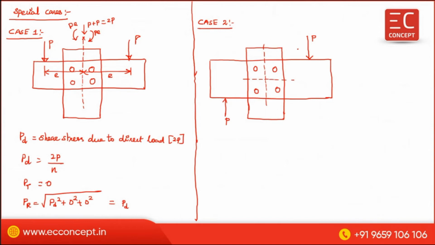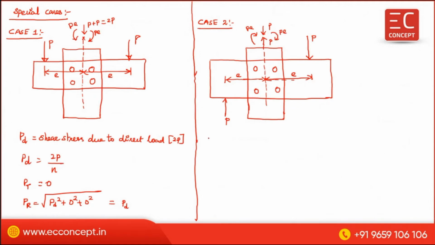If you resolve these two forces about the centroid, one force is downward P, another force is upward P. Therefore, here the direct force becomes 0. But this force creates an eccentricity of E about the centroid. This force also creates an eccentricity of E about its centroid. Now, this creates a clockwise P into E about the centroid, and this also creates a clockwise P into E. Both are clockwise.